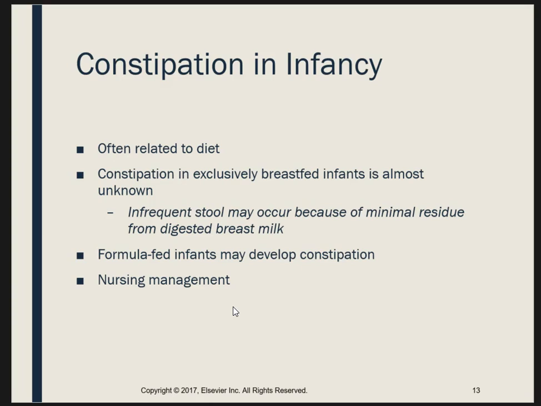For kiddos who, for whatever reason, whether it's maternal choice or due to maternal challenges, cannot be breastfed, we will see constipation almost indefinitely in some capacity in our formula-fed infants. And I try to prep parents for that so that they know ahead of time what to look for, so that we can be a little bit more proactive instead of just reactive.